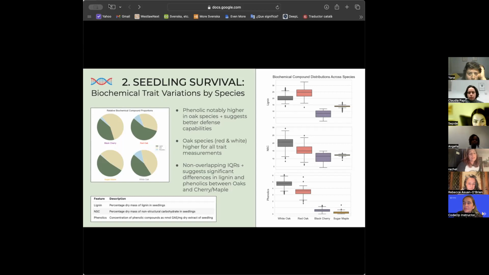So again, another intrinsic difference is that it might be allocating more resources to ensuring it's better protected against diseases and pathogen intrusions.